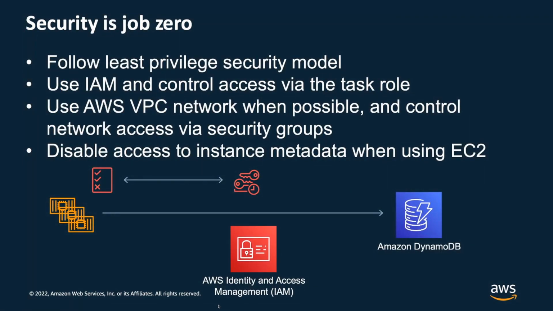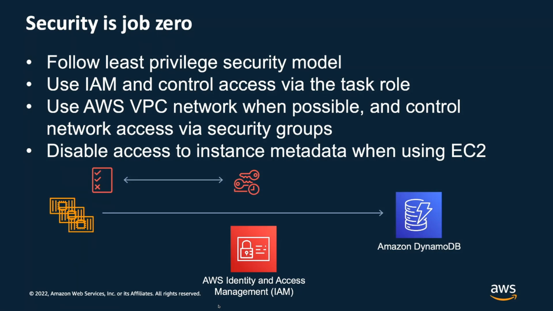So, we always have to talk about security because security is job zero and it should be top of mind. By default, when you're operating in AWS, when you're operating in ECS, least privilege security is the model. And as the user of ECS, you should be following that model as well.